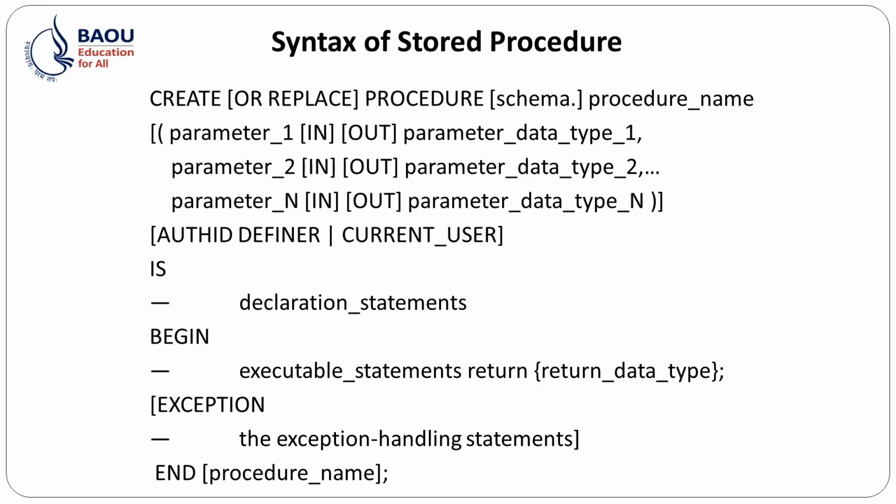The code between IS and BEGIN makes the declaration section, where it will declare the variables. Then BEGIN represents the coding part of the procedure. The exception section handles any error in the execution part of BEGIN. If there is any error in the BEGIN part, it will be handled by the exception section. The exception section is in square brackets, meaning it is optional, and then END.